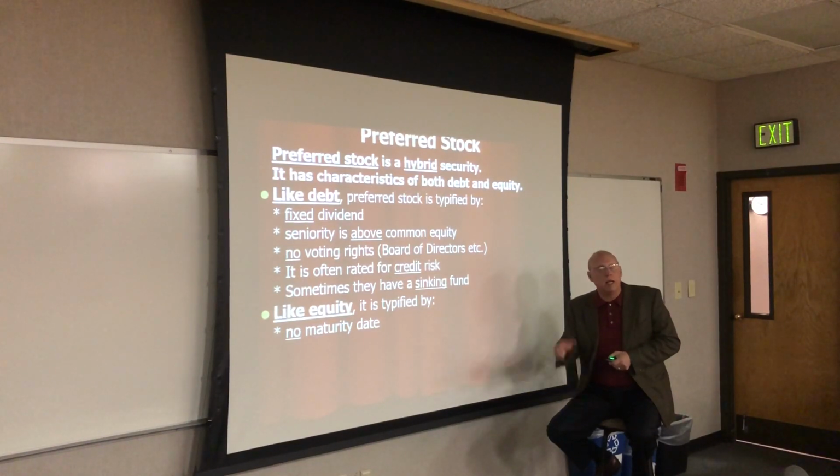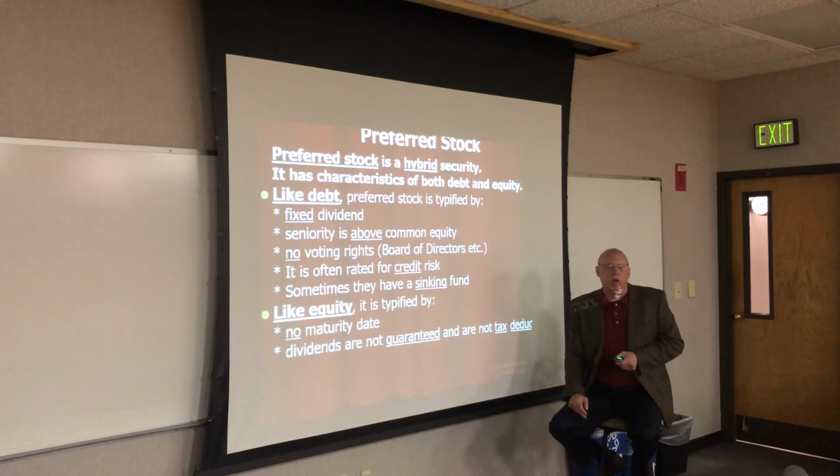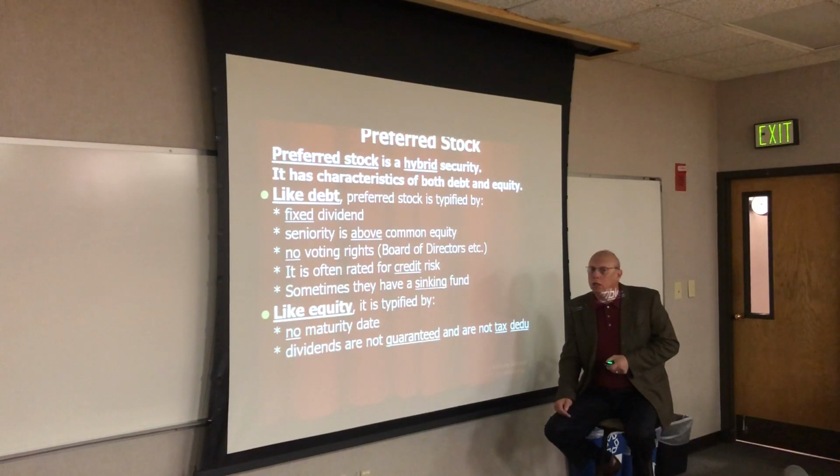That means there's not a date at which the company promises to buy back the preferred stock at the price that they sold it to you. Okay, so there's no agreement on that. Once you buy it, it's yours. You want to sell it, you're going to have to sell it to somebody else through the marketplace. All right, unless it's called in a sinking fund situation.